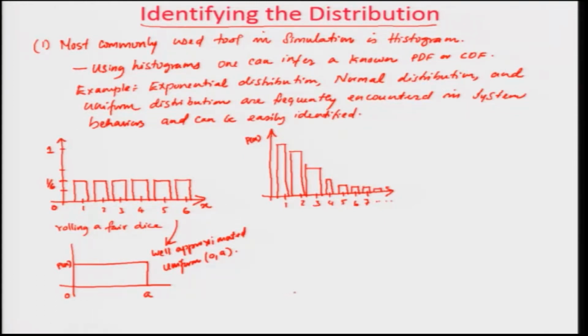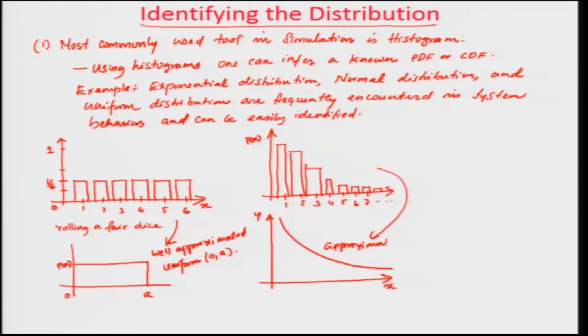When you see a scenario like this, with x and y, you can say the distribution is like this. This can be approximated to exponential.